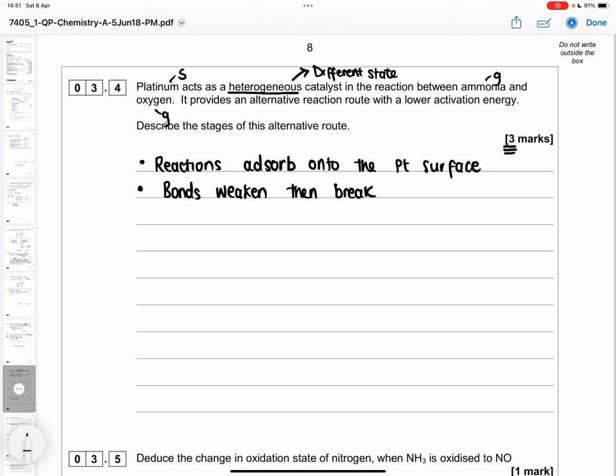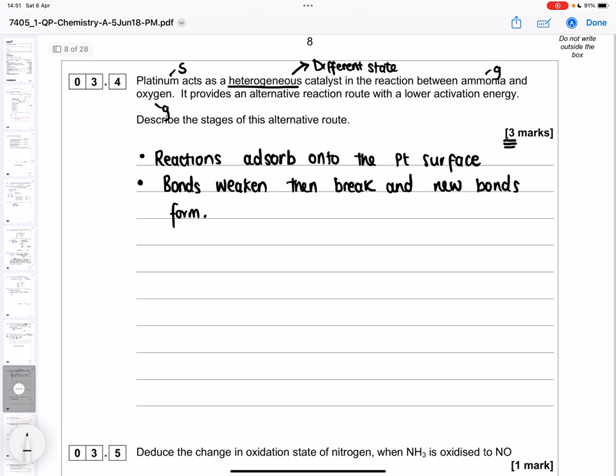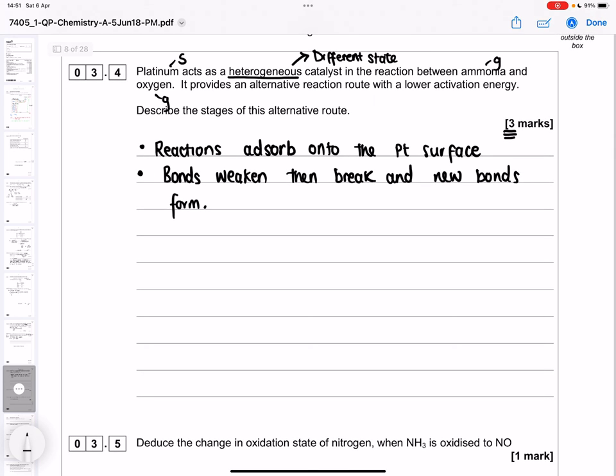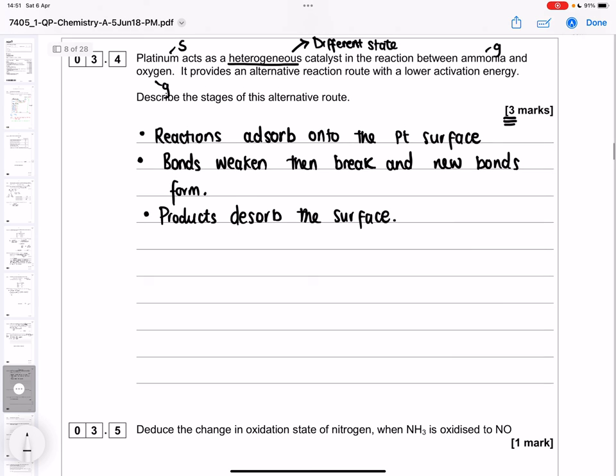And new bonds form. And this is the alternate route of lower activation energy. Because they're stuck to the surface, this weakening takes less energy. This weakening means less energy is needed, and so we've got an alternate pathway of lower activation energy. And then our products desorb or leave the surface. These 3 bullet points should be clearly in your notes for the mode of action of heterogeneous catalysis.